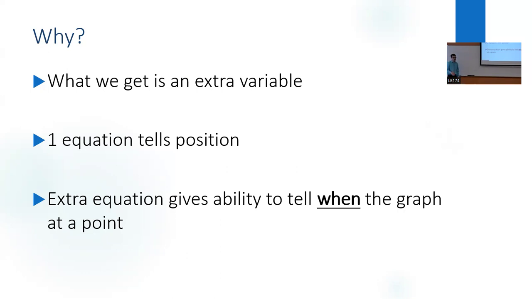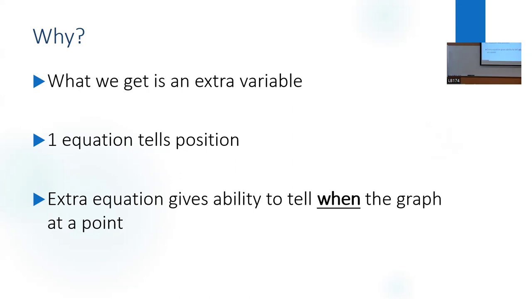T is a lot of times a representation for time. So how does something travel? So while one equation tells you the position, that extra variable t tells you when the point is at that position.